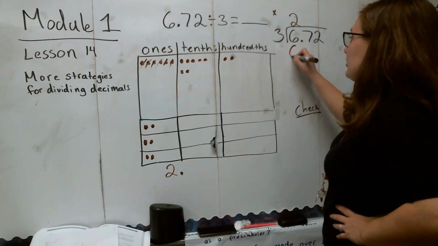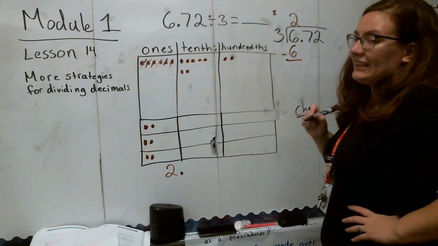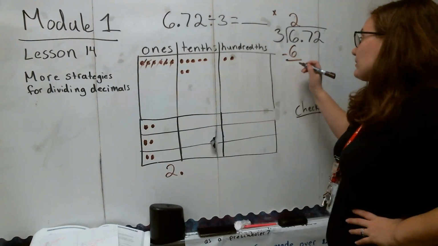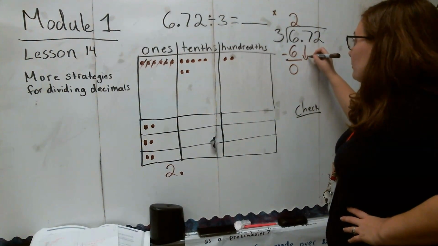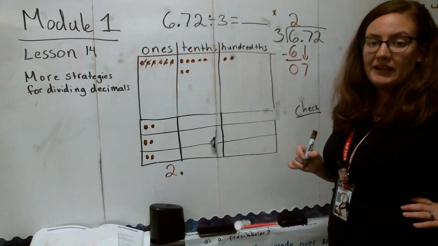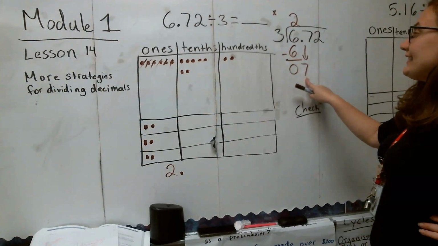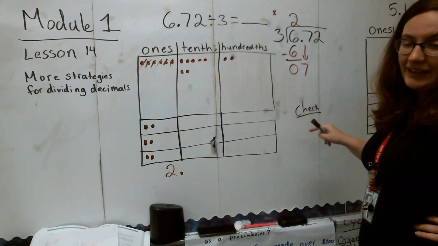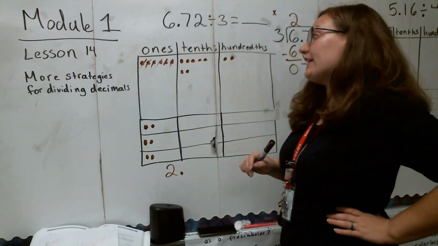So 3 times 2 is 6, and then my next step is I need to subtract. So I do 6 minus 6, which gives me 0, and now I need to bring down my next place value, which is a 7. So now you can see that I am left with 7 tenths, because the 7 is in my tenths place. And now I'm going to show my work for 7 tenths on my place value chart.